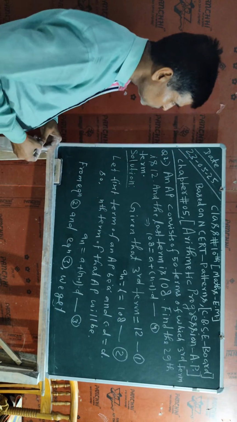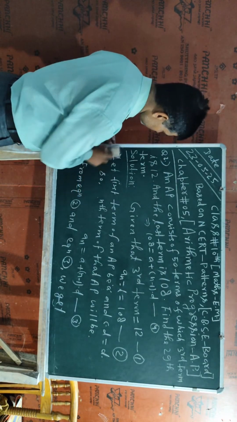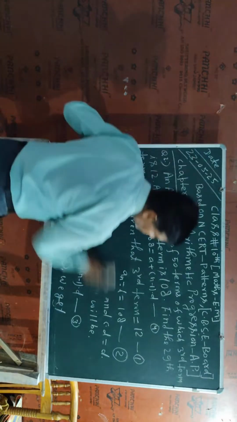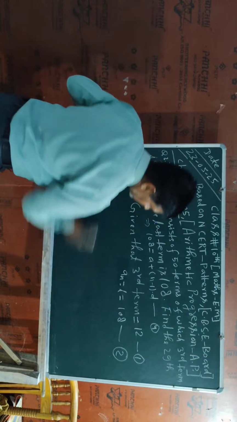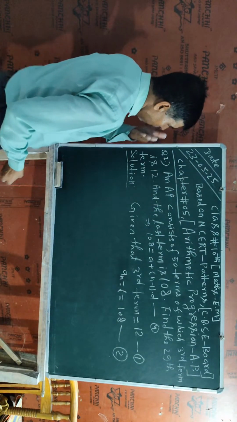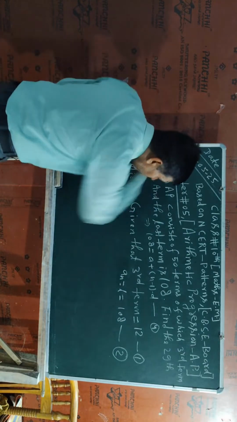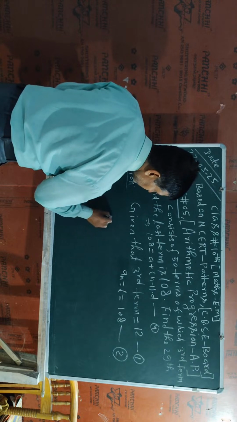Okay student, so further I will solve the above information according to this way. So here I am going to also delete this one. After deleting this one, now here I have to get the third term of that arithmetic progression.